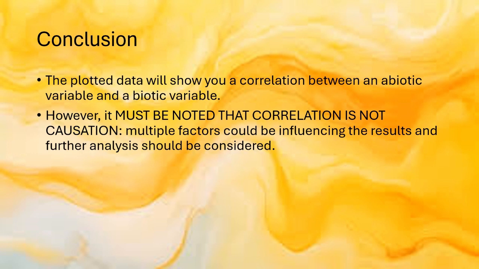So that's the expected trend that you will see. However, it must be noted that correlation is not causation, and multiple factors could be influencing the result. Remembering this point can help you develop really good analysis in your report and look deeper into possible other influences that must have resulted in the data you've collected.